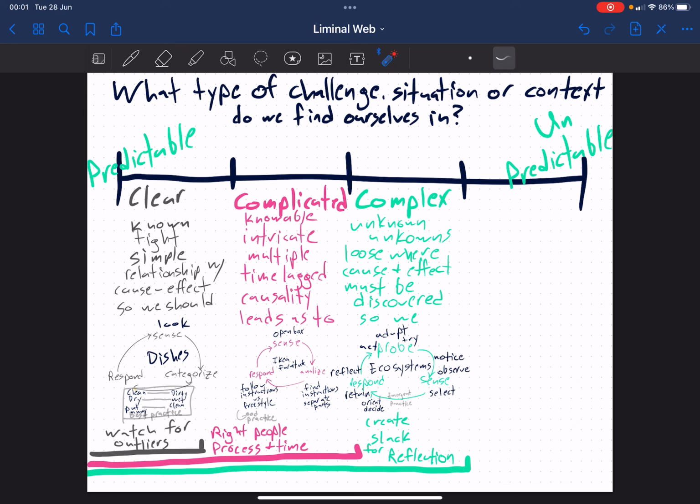And so that leads us to a pattern, roughly speaking, of searching the problem and solution space that can be defined as probe, then sense, then respond.